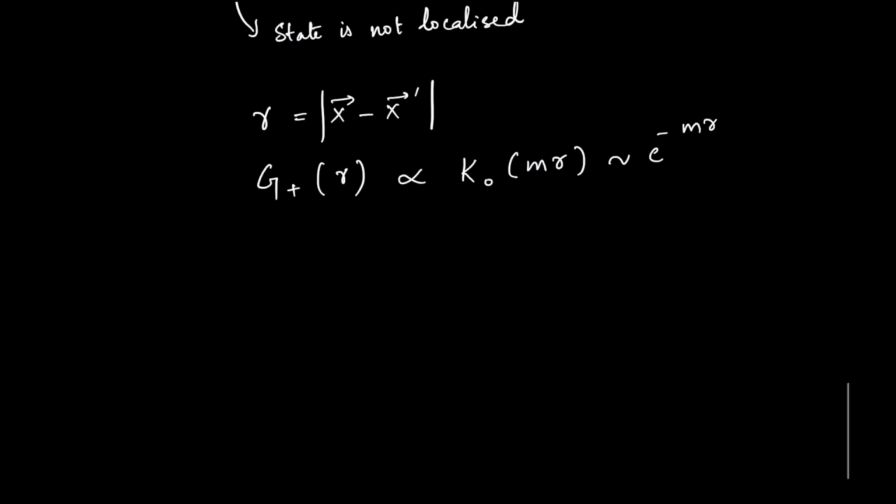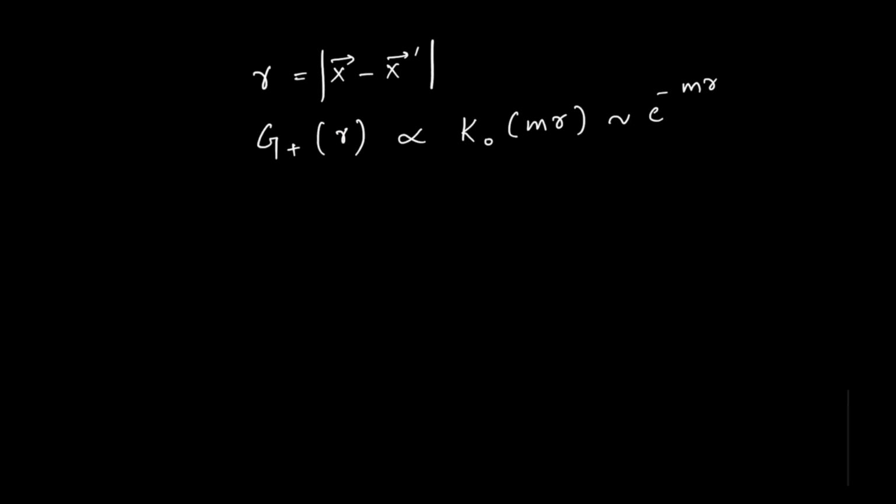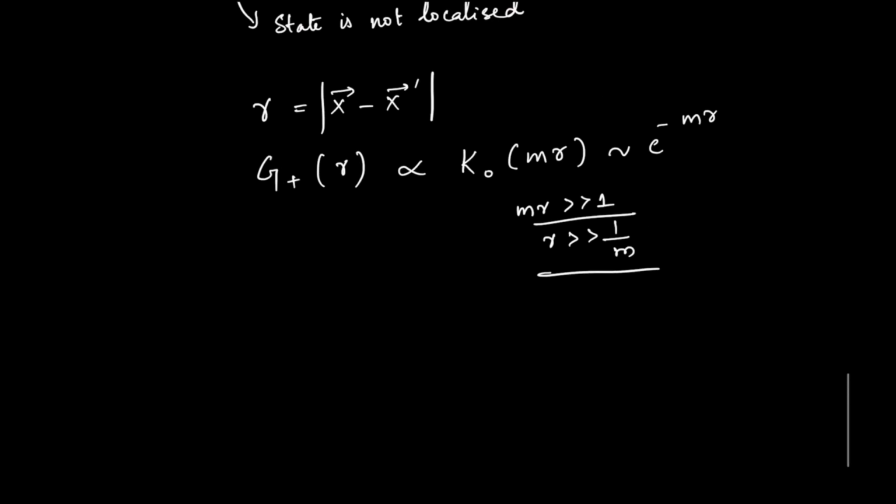Now at large distances, in the sense that mr must be very much greater than 1, that is, r is very much greater than 1 by m, then e to the power mr will tend to infinity.